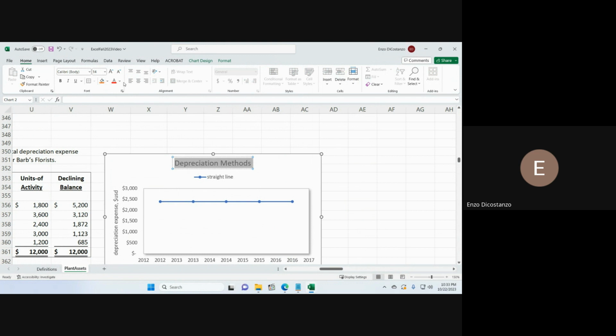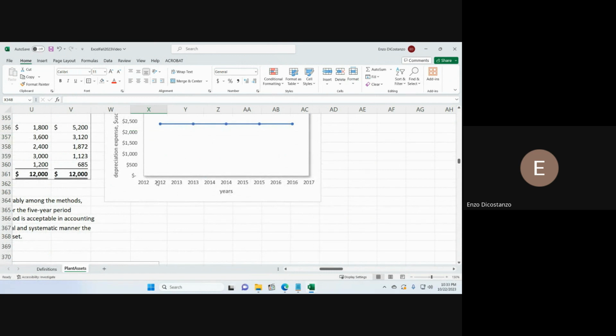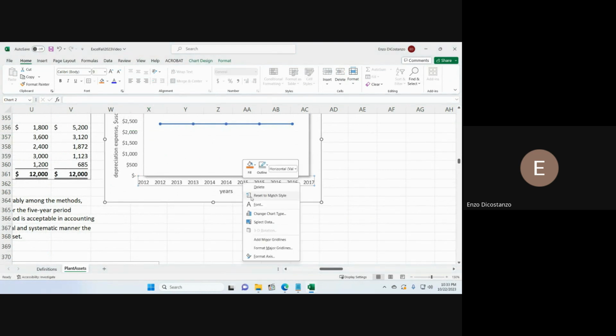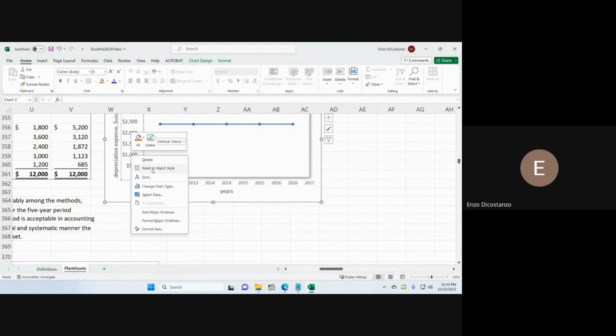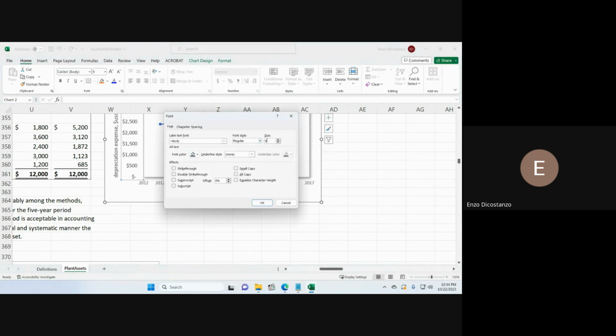If you want to make the font maybe a deeper color, you could do a blue or something like that, right? You can outline the whole graphic here. But the font, we always like a little bit of a smaller font, even like an 8 or something, because you don't need the axes to pop so much. So right there.